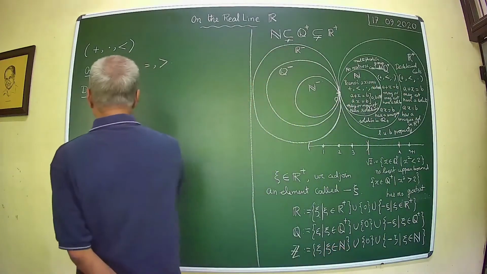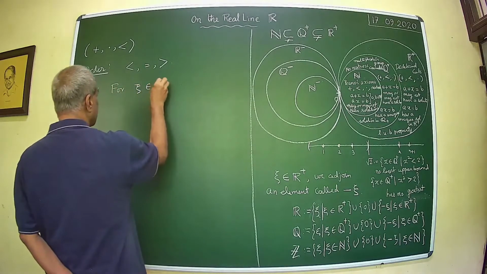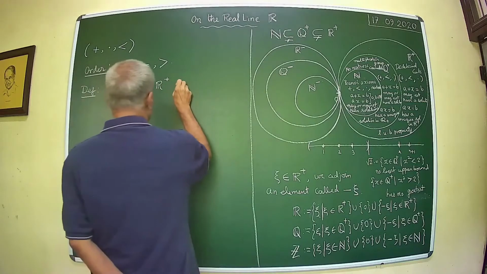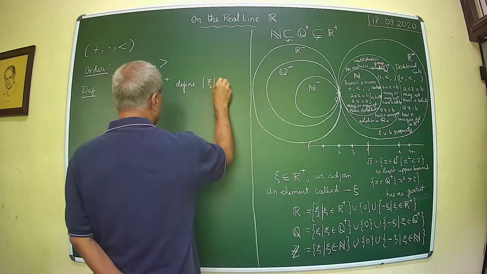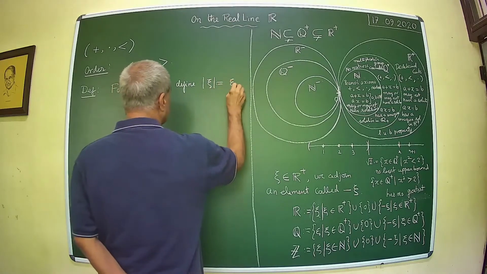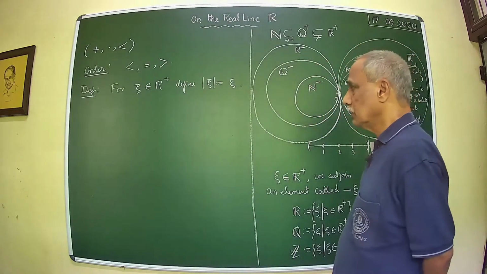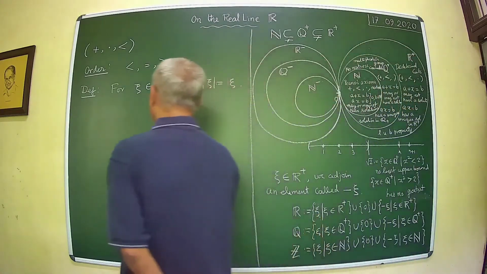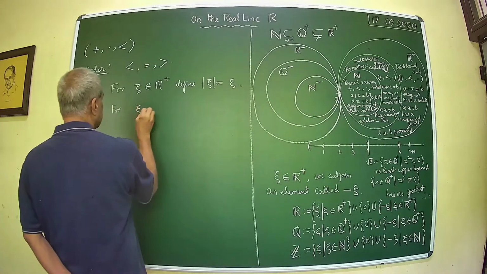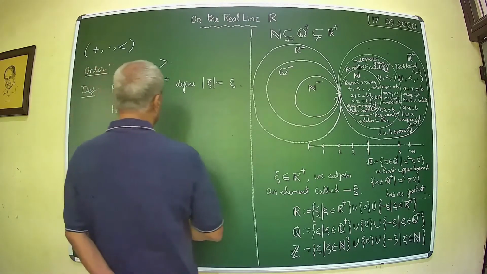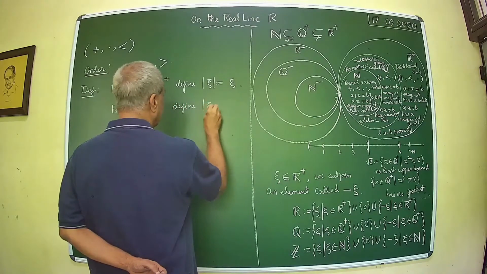So for R plus, define mod psi as, for psi equal to 0, for psi equal to 0, that is the new one that we have defined. Define mod psi equal to 0.